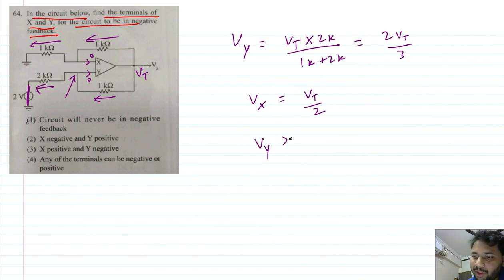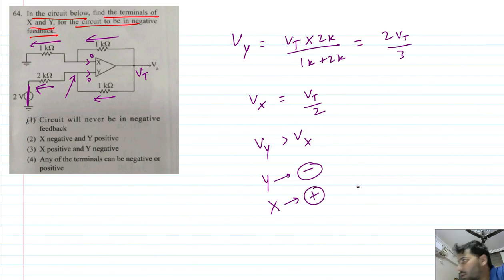And clearly, Vy is greater than Vx. Now, what is our requirement? The op amp must be in negative feedback. For the op amp to be in negative feedback, the output that is fed back to the minus input terminal should be greater than the output that is fed back to the plus input terminal. And here, Vy is greater than Vx. So obviously, Y should be the negative input terminal and X has to be the plus input terminal.